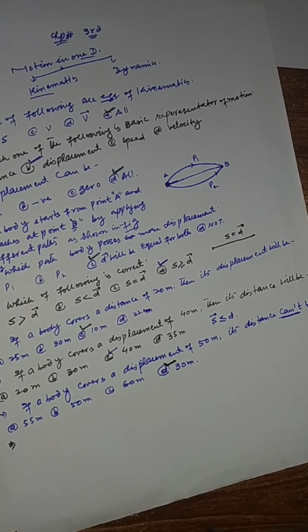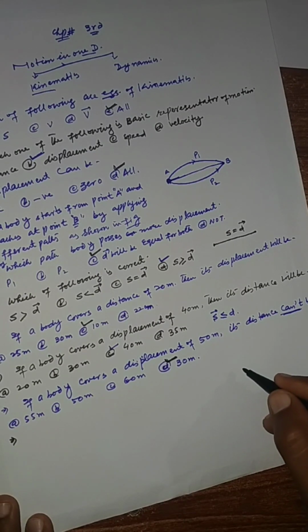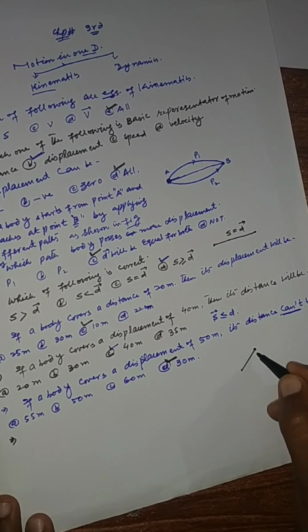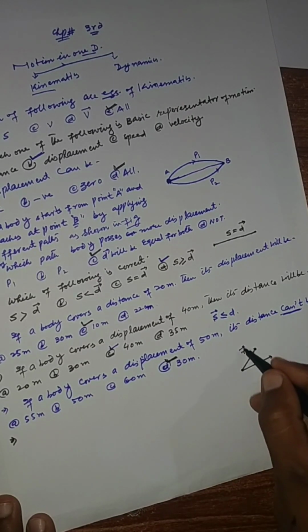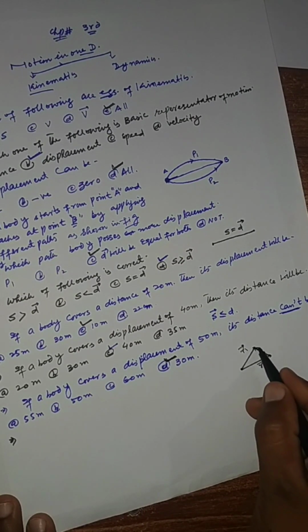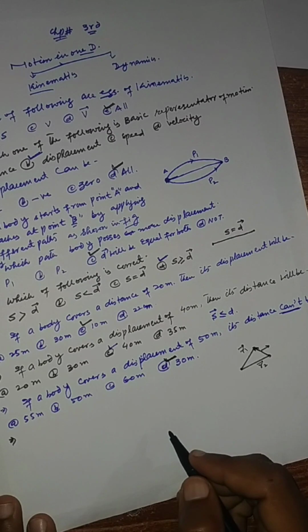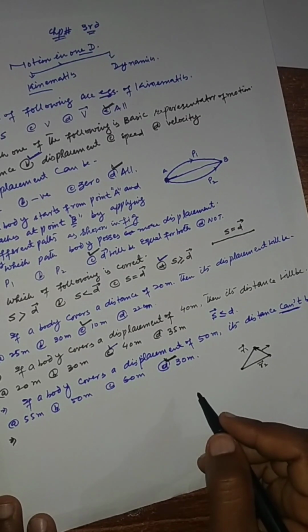If we take another, the difference between two position vectors. If we are given two position vectors, one is r1 and the other is r2, then what will be the difference of these two? What can we call this vector?